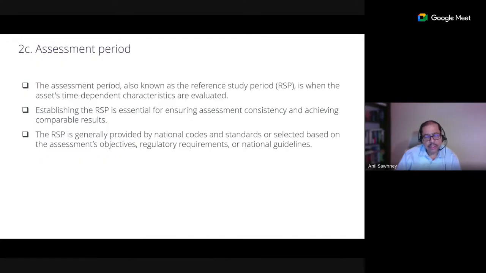Reference study period generally varies by various nations. So in the UK, as I mentioned, it's 60 years RSP for a building. So if you're doing an assessment for a building project, you have to do 60 years worth of calculations. If you're doing it for an infrastructure project, it's typically 120 years. So just think about it. You're estimating 120 years into the future. So it's a tricky task.